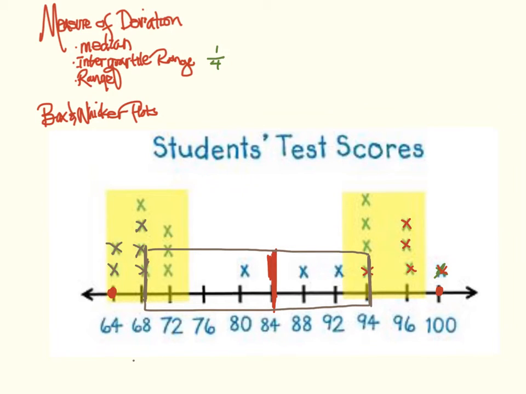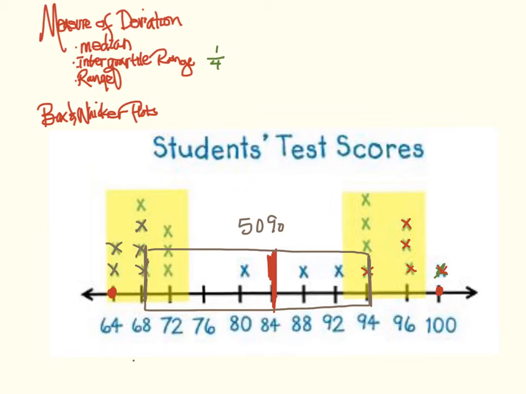Now, normally you make it separate from your data, but for right now, it's totally fine to just draw it right on top of the data. So there's my box. This box means 50% or half of my kids fell in the middle here someplace, from 68 to 94. 25% above it, 25% below it.